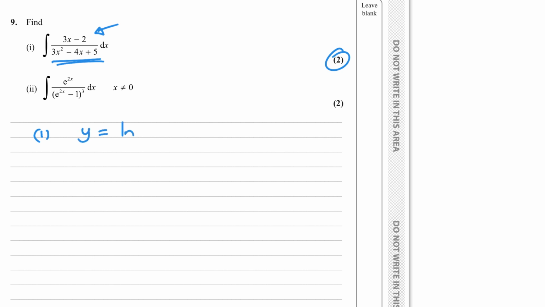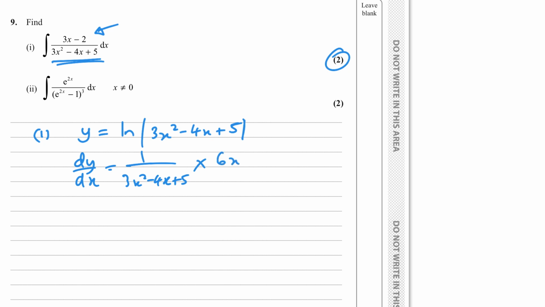And a rough integration will be ln 3x squared minus 4x plus 5. I'm not trying to integrate properly, just a rough integration. And then if I differentiate this, I get 1 over 3x squared minus 4x plus 5 multiplied by the inside differentiated.